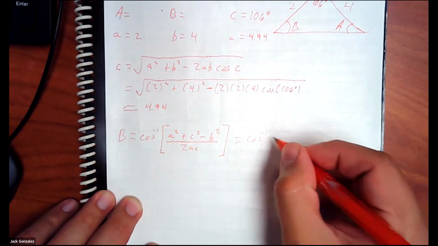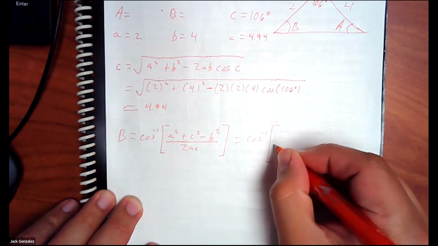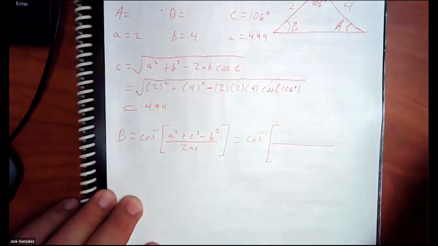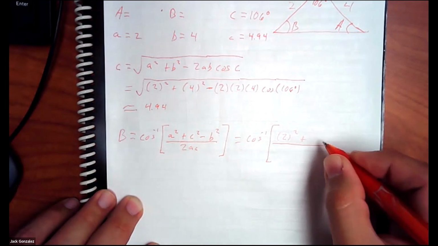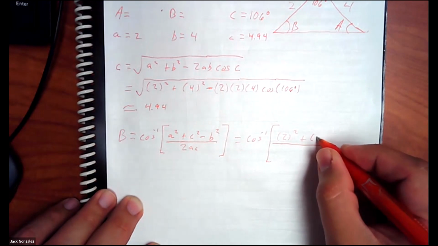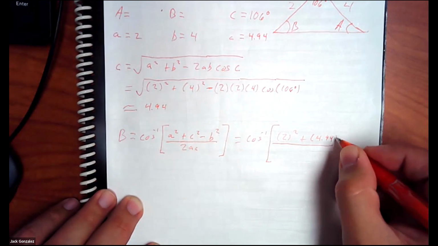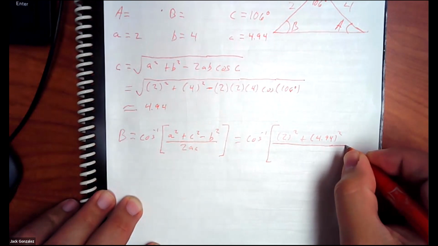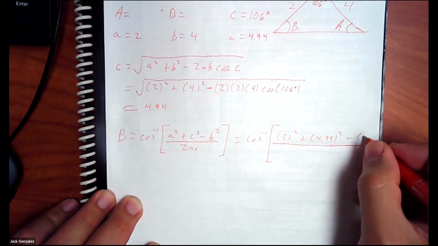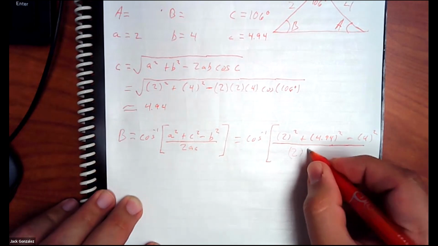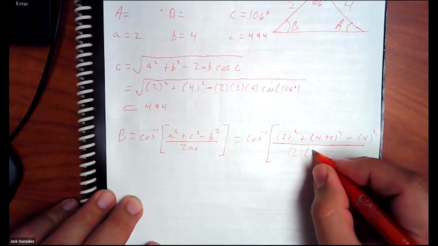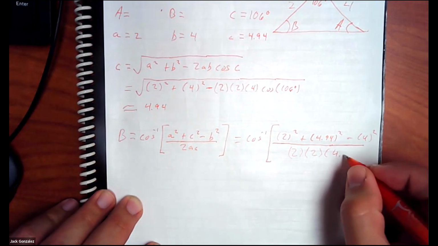That'd be cosine inverse of a bunch of garbage. 2 squared plus 4.94 squared minus 4 squared over 2 times 4.94.